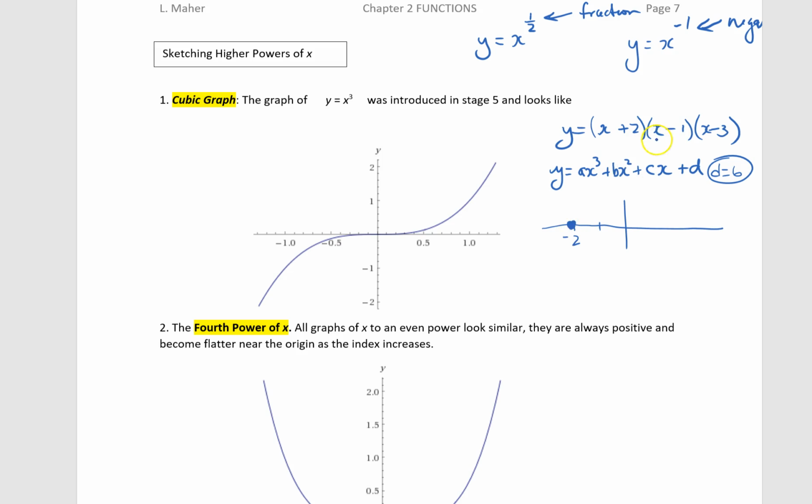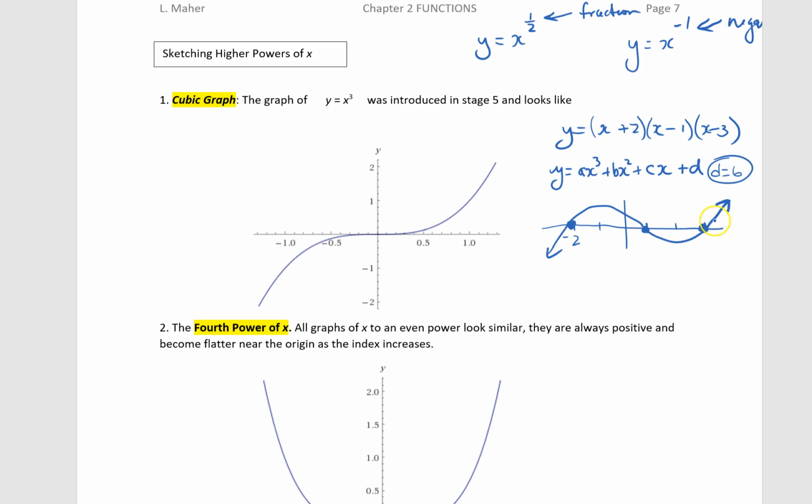That's where it cuts on the x-axis. x could be 1 and x could be 3. Now, that means the graph is going to cut at 3 places, and we get something like this happening.